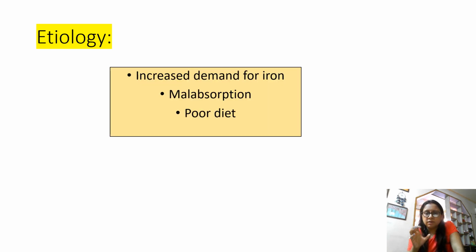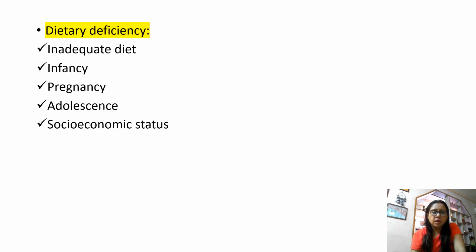So when we consider general pathology, we know that whenever we study a disease, we have to read it under four main headings. That is etiology, pathogenesis, clinical features, and then we go for the treatment. Fine. So main etiology, as we know, first was dietary deficiency.